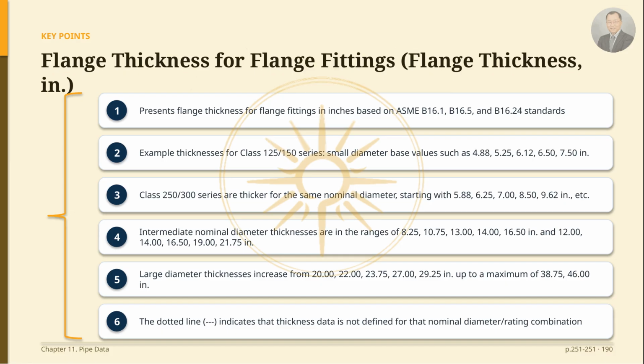Rather than listing all the values, please first verify the nominal pipe size and pressure rating of the piping you're designing, and then find and use the corresponding thickness value. In particular, please be careful when applying this, as the parts marked with dotted lines in the table indicate that the data for that combination is not defined.